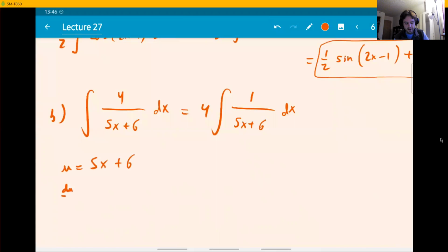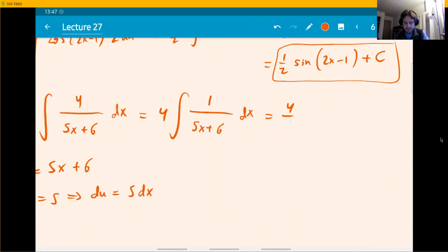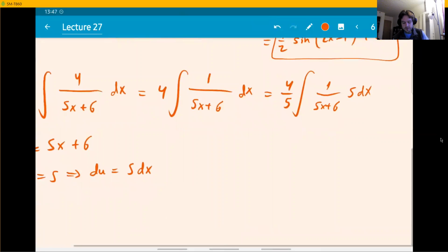Du dx is 5, meaning symbolically du is 5 dx. Now we don't see a 5 dx in the integral, but we can if we introduce a 5. So 4 over 5, 1 over 5x plus 6, 5 dx. Now just do your substitution.